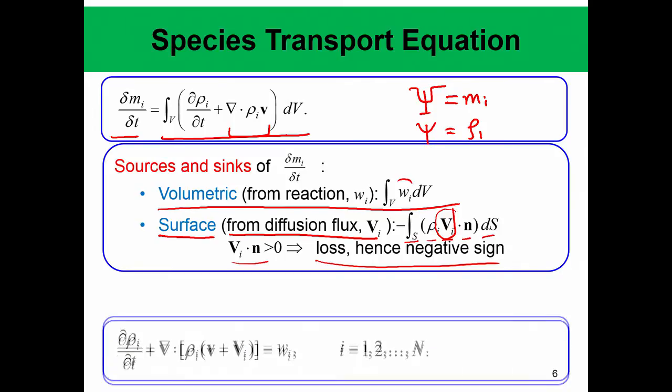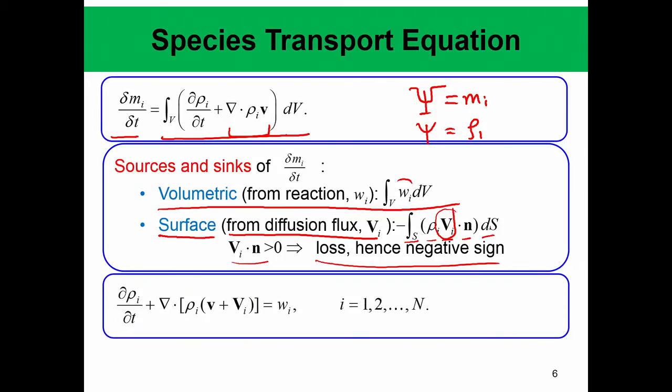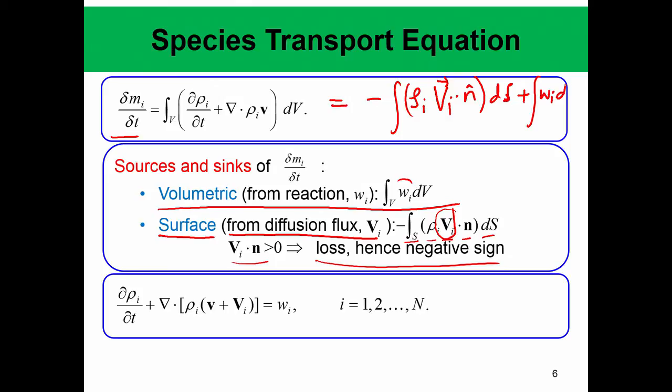So, as a result, this equation is not equal to 0, but instead it is minus the integral of rho I Vi vector dot n vector times ds, plus the integral of Wi dV.